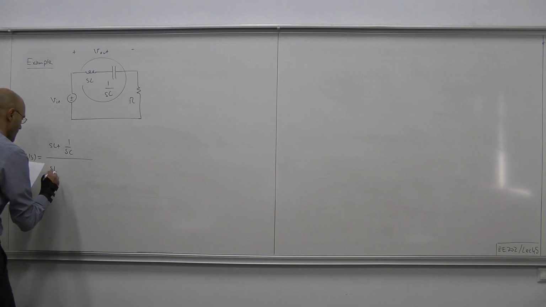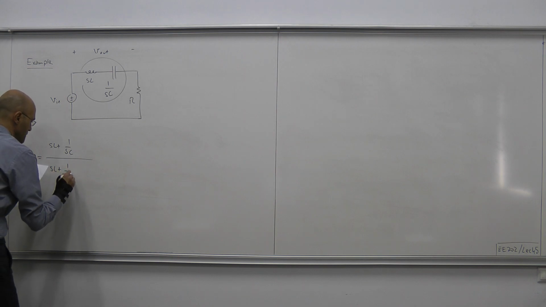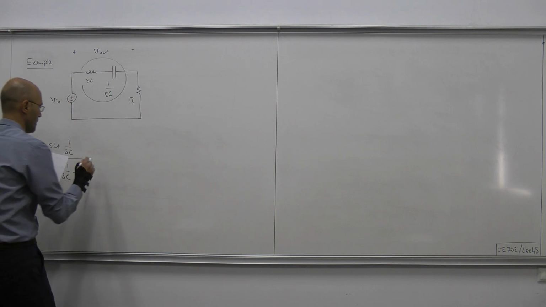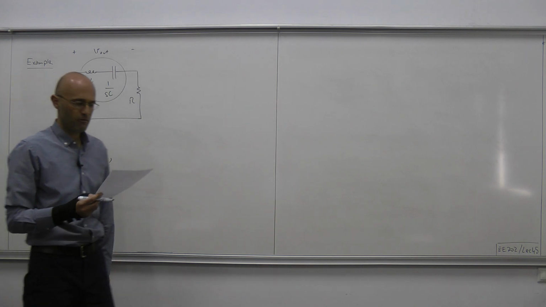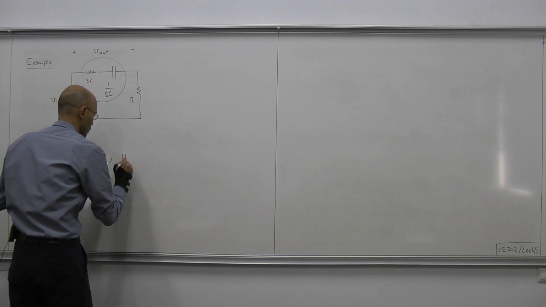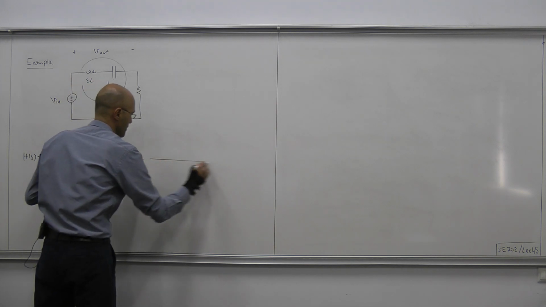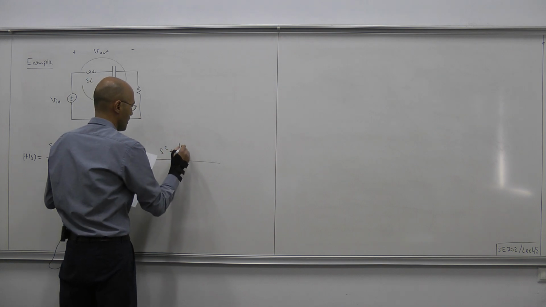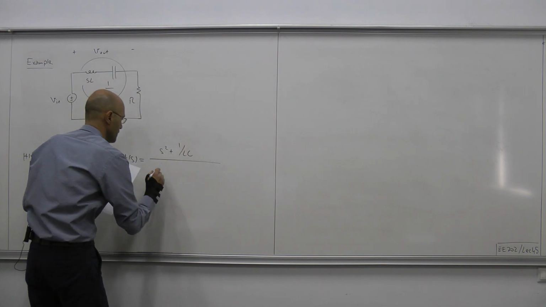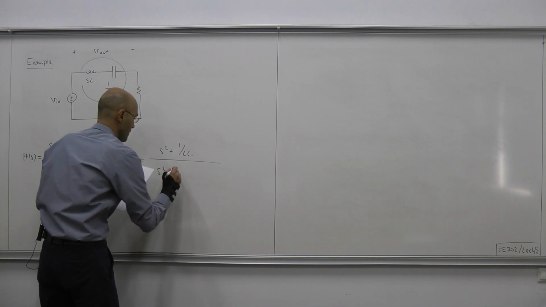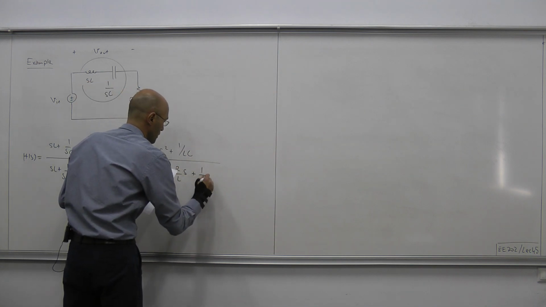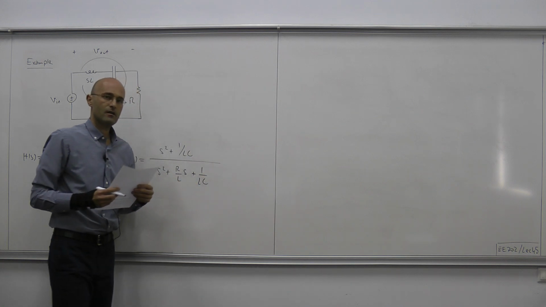SL plus 1 over SC plus R. And this can be simplified into the following: H of S equals S squared plus 1 over LC, over S squared plus R over L S plus 1 over LC.